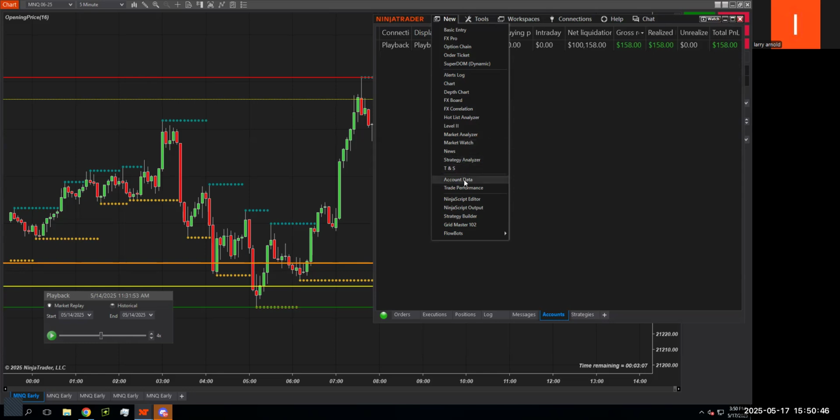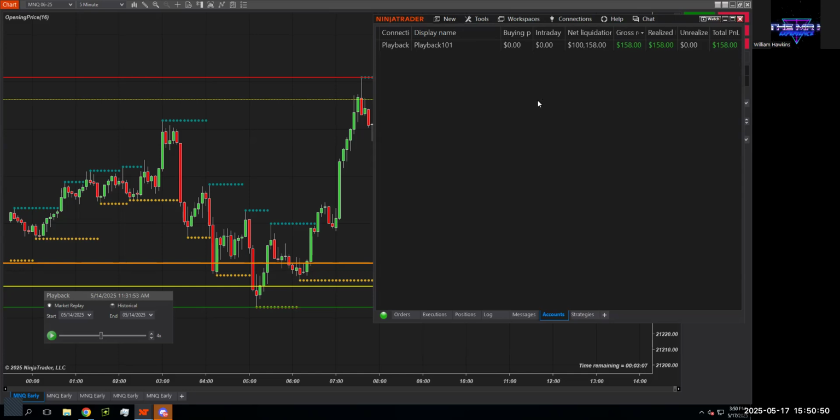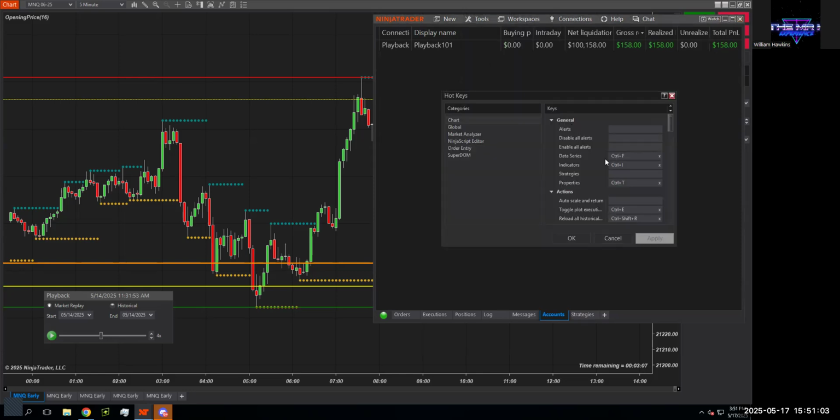We can go to it on my computer. I know it's in here somewhere. Oh, it's right here, the hotkeys, right in the tools. Order entry: buy market Control B, sell market Control S.